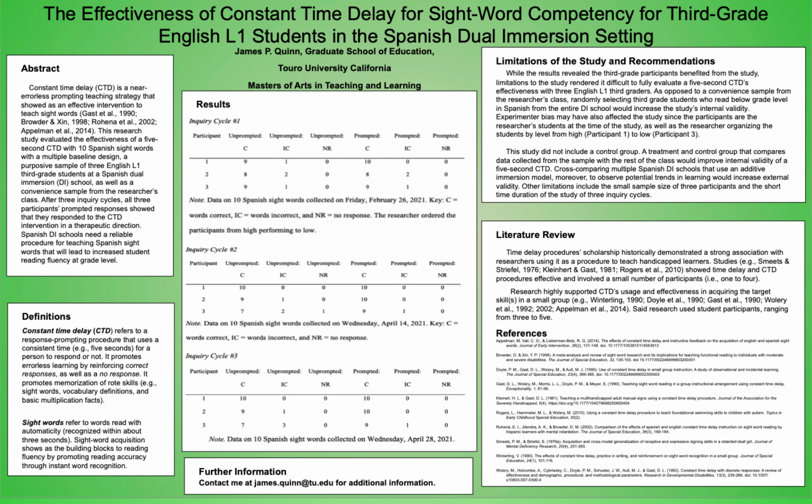It promotes memorization of rote skills such as sight words, vocabulary definitions, and basic multiplication facts. Sight words are words read with automaticity, that is in about 3 seconds or less. And sight word acquisition shows as the building block to reading fluency by promoting reading accuracy through instant word recognition.